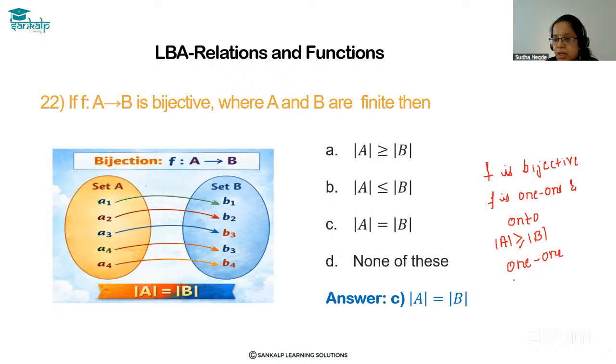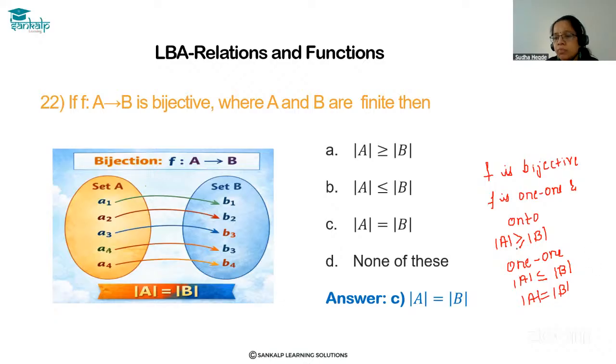Number of elements in A less than or equal to number of elements in B. Combine these two, you will get mod A equal to mod B. Why you should combine? Because if a function is bijective, it should be both 1-1 and onto.